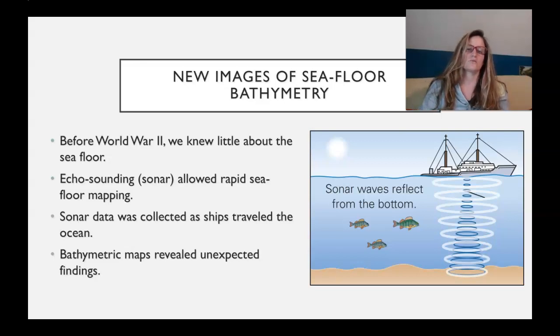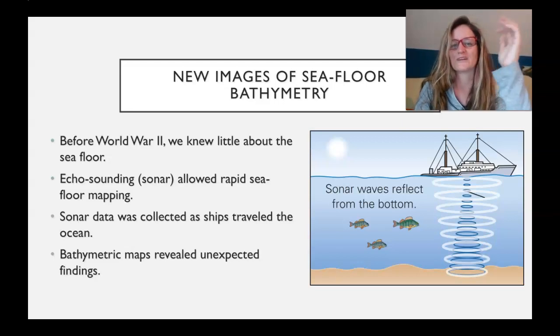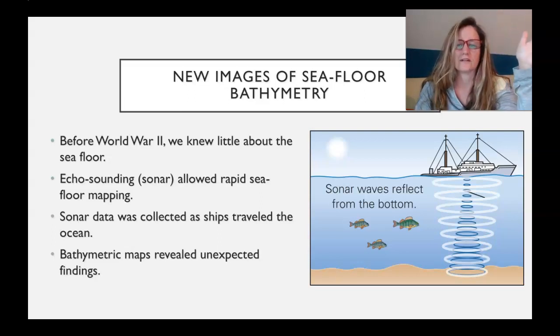It wasn't until World War II when submarines needed to know the bathymetry of the ocean basins. Bathymetry is like topography, but it's the depth of the water instead of the changes in topography of the land. So echo sounding sonar, there was lots of seafloor mapping at this time.